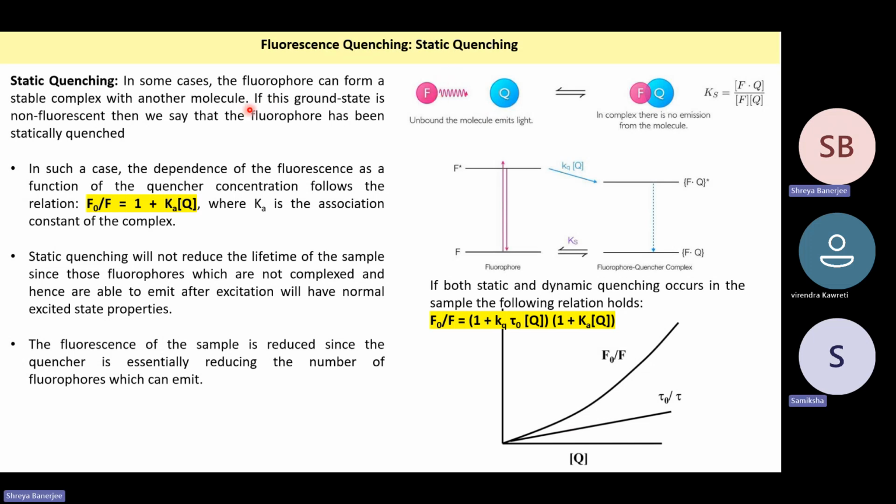But in dynamic quenching, those where the complex is forming, there the lifetime will be reduced. I guess I also have to look more into this second point, because what it is saying is that when, say, 50% of the molecules form a complex, then in those there will be a reduction in lifetime, and in the other 50% you will have the same lifetime. That is what it is saying basically.